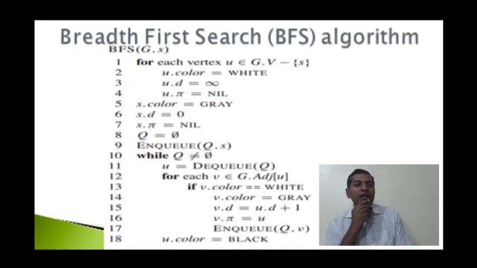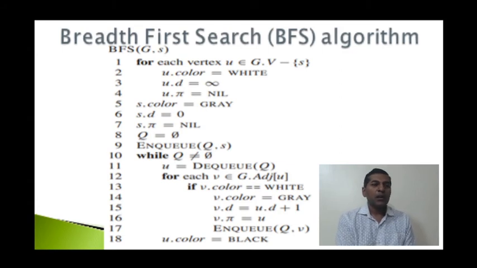So this is the breadth first search algorithm. We get a graph as an input to this function, and the source S, from which we are going to start the discovery of the graph. All the vertices of the graph are colored white, because we have to mention that all are undiscovered.